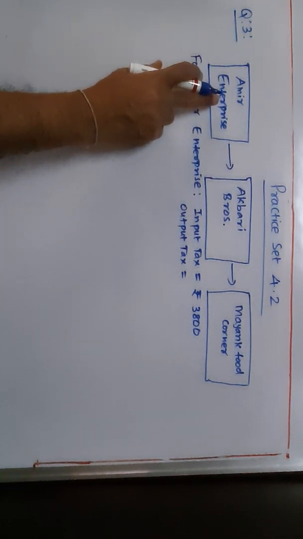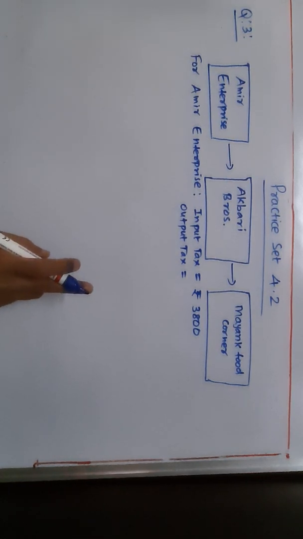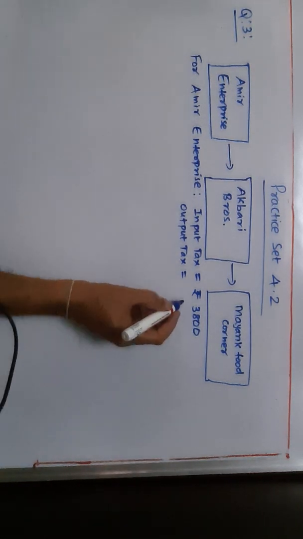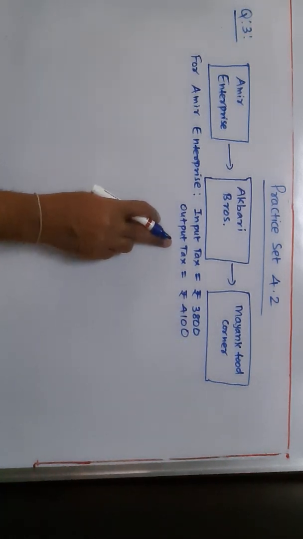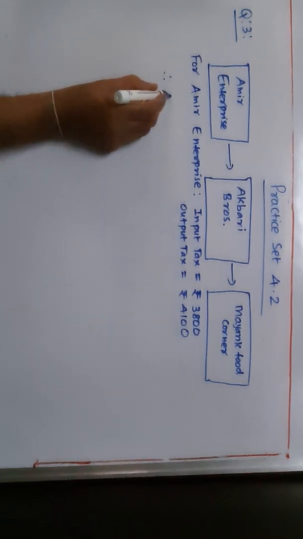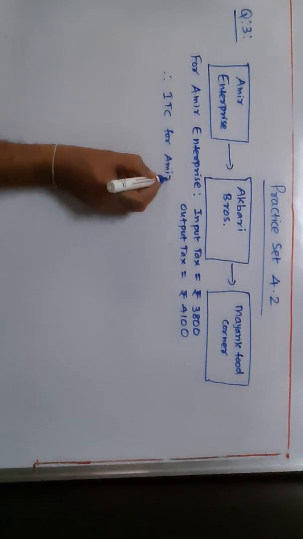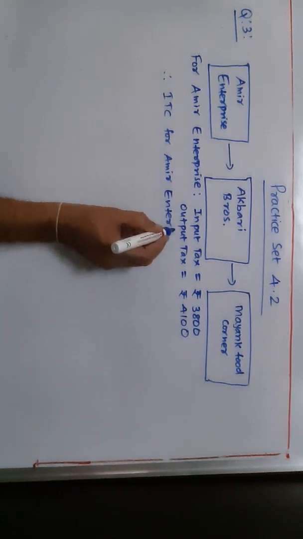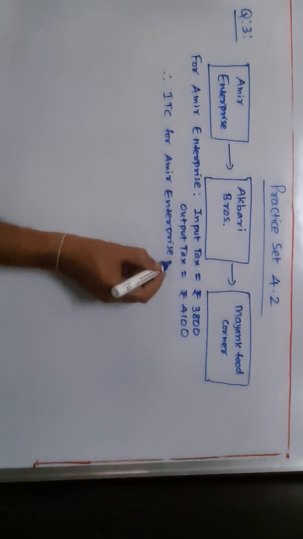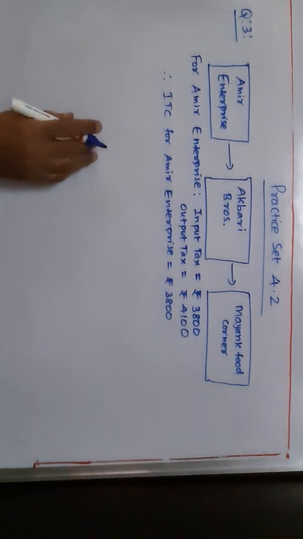They sold the chocolate sauce bottles to Akbari Brothers and collected GST of 4,100 rupees. So the output tax is 4,100 rupees. What is the ITC for Amir Enterprise? Since they already paid 3,800 rupees, the input tax credit is the same as the input tax, that is rupees 3,800. Now we have to find the GST payable.